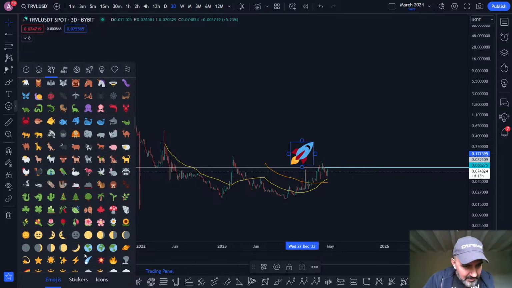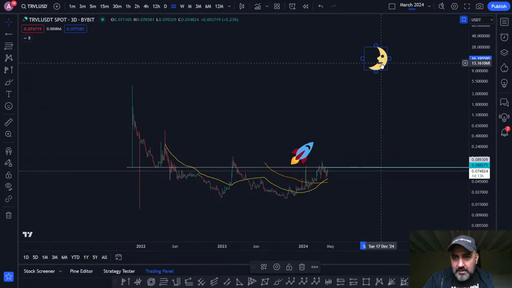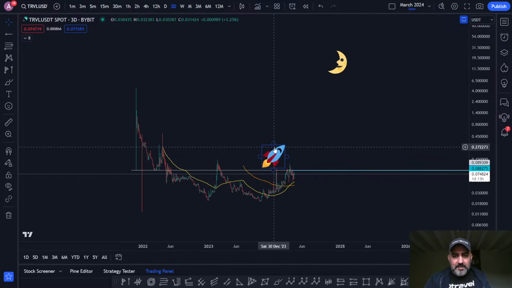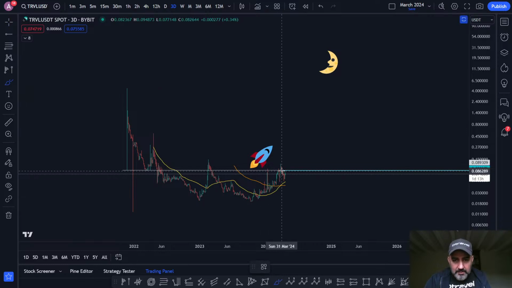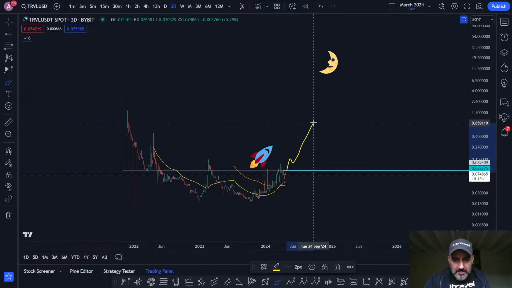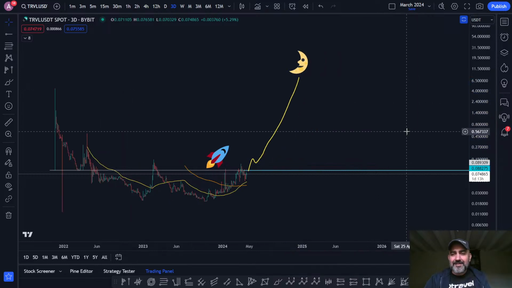Which moon sign do you like? With a happy face? Let's go to the moon. All right, that's what we want. Travel to the moon.